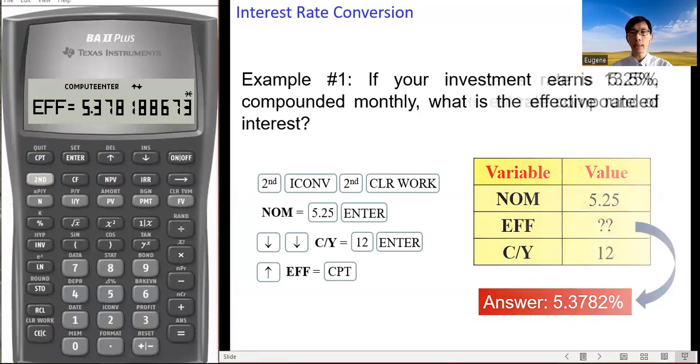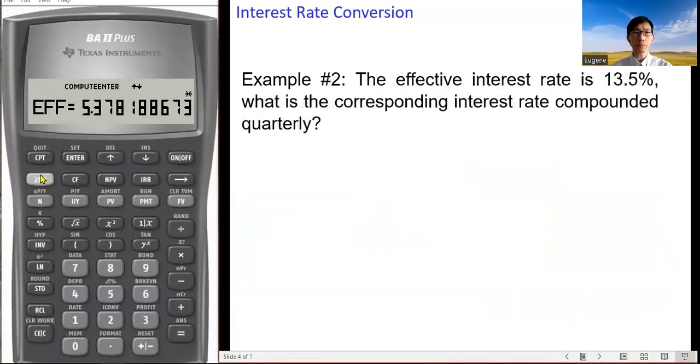Let's take a look at the next example. The effective interest rate is 13.5%. What is the corresponding interest rate compounded quarterly?